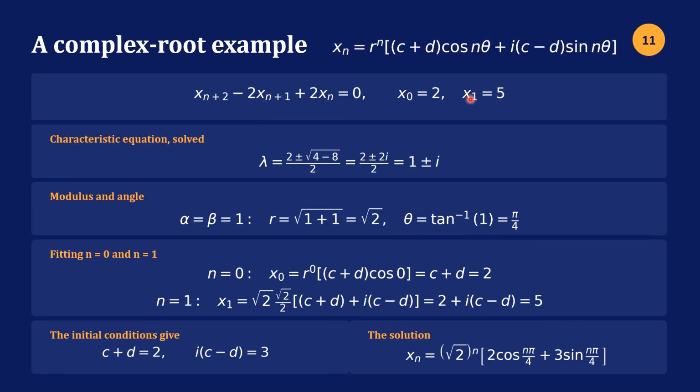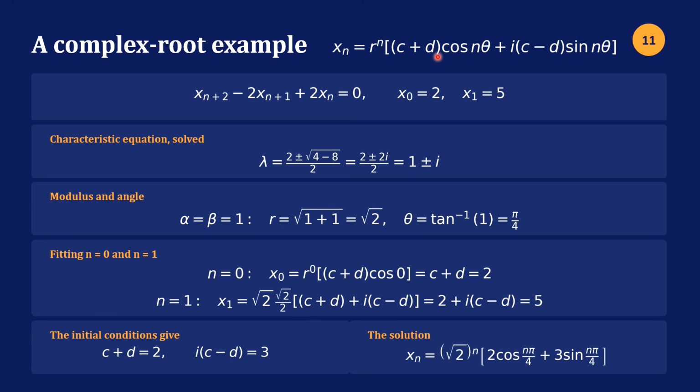So when you put in 1 for n, you just get r, which is the square root of 2. I have that out here. And then it's 1 times theta, so the cosine of pi over 4 and the sine of pi over 4 are both the square root of 2 over 2, so I factored that out.